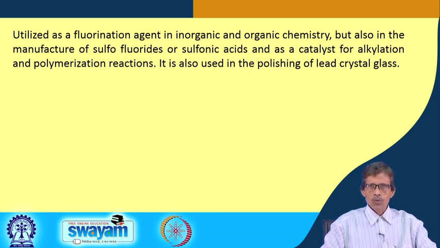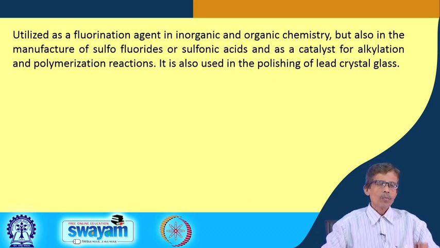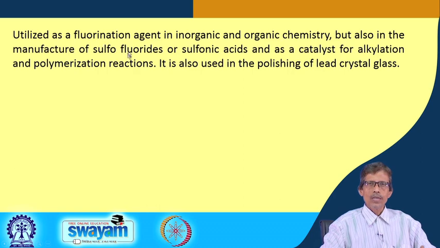That means, your chlorosulfonic acid, your fluorosulfonic acid for some other purpose, not for sulfonation, because the chlorosulfonic acid we have seen is utilized for sulfonation. Earlier we have seen that your disulfur dichloride or sulfur dichloride is utilized for chlorination, or thionyl chloride is also another product from there.